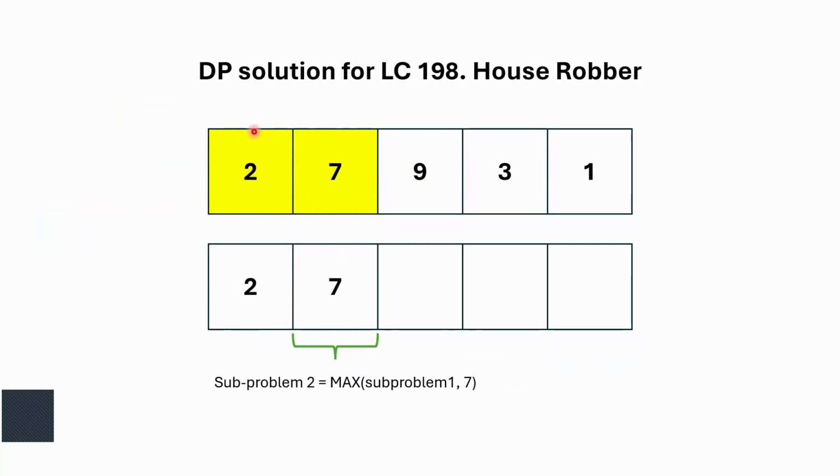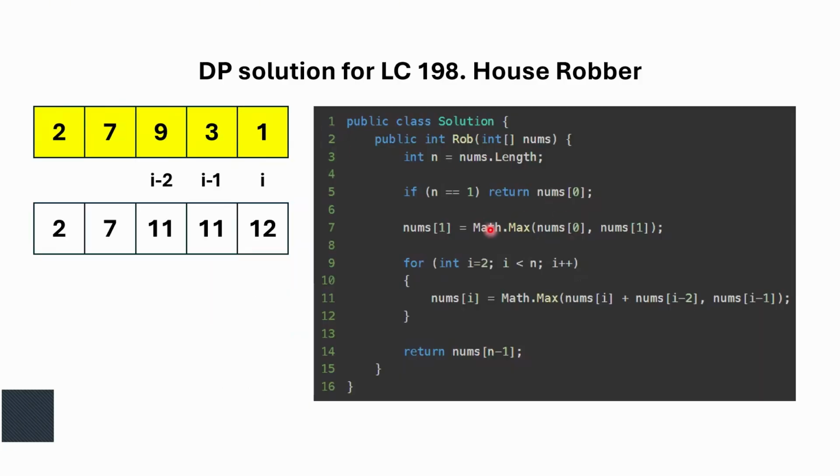So there are two choices, and we obviously go for the optimal one, the maximum between this and this: either the first house or the second house, since we cannot rob both simultaneously. That's why Math.max is used here, and it's stored in nums1 because it represents the maximum amount of money that we can rob up to the second house, by either robbing the second house, which is nums1, or robbing only the first house, which is nums0.